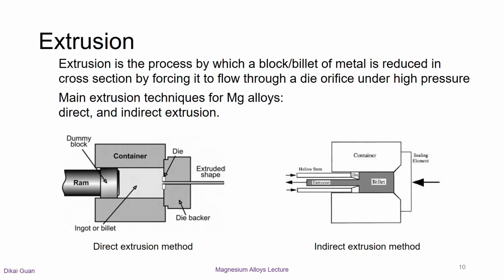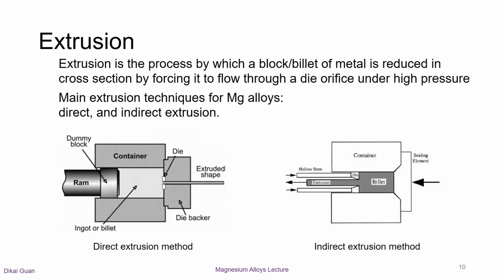As with aluminium, magnesium billets are extruded into profiles of various shapes using extrusion techniques. The direct and indirect methods are the two preferred magnesium extrusion techniques.